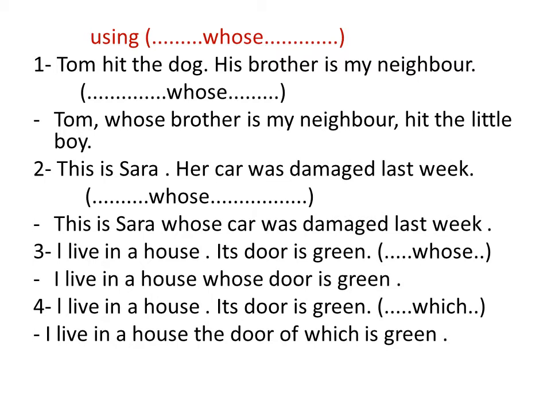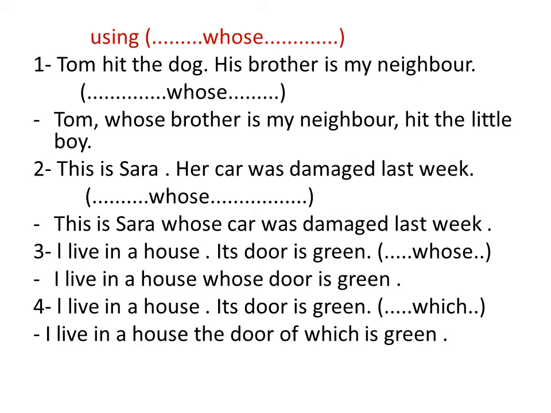Okay, let's see example number 2. This is Sarah. Her car was damaged last week. Here the first sentence spoke about Sarah. In the second sentence we have the possessive adjective her, which refers to the noun Sarah in the first sentence.